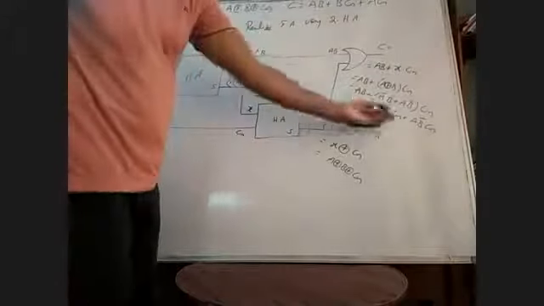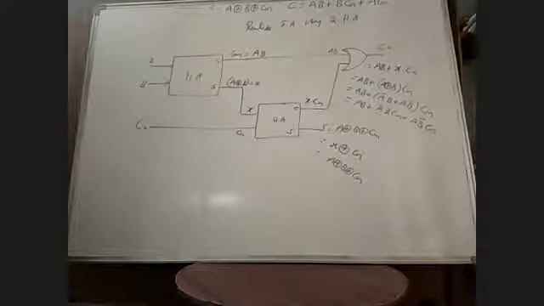Now, what carry should we get? We need to generate only AB, BC, AC. We have to simplify that equation. Can anyone do the simplification for that?